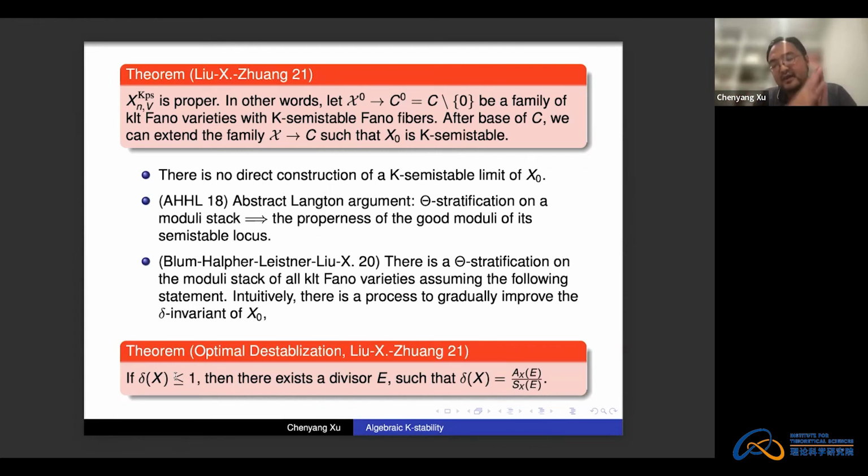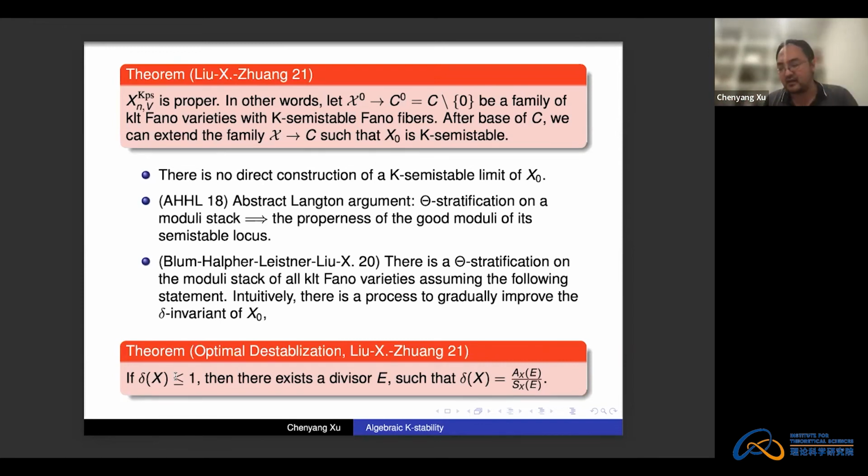So if you have a limit where delta is less than 1, then you operate on it. You find another limit, then you show delta increases. And then you show delta can only increase in finitely many steps, and then delta will become 1. So somehow we don't have a direct way to construct a semistable guy. We really just have to use this abstract approach, saying that there is this way of increasing the stability to find the replacement. It's not direct. We just show there is one.